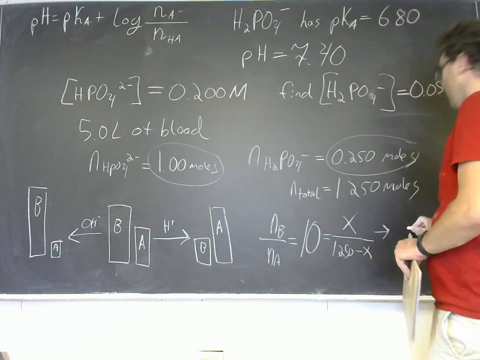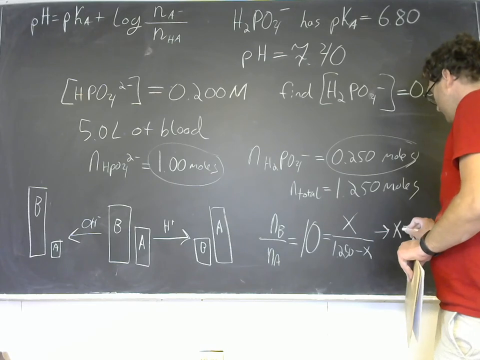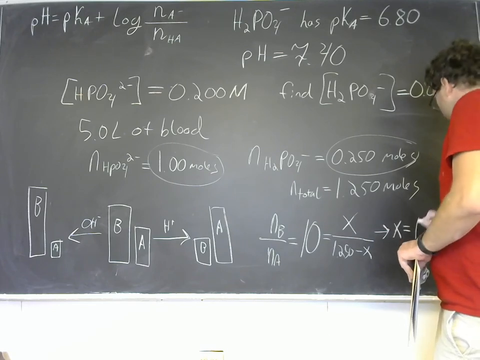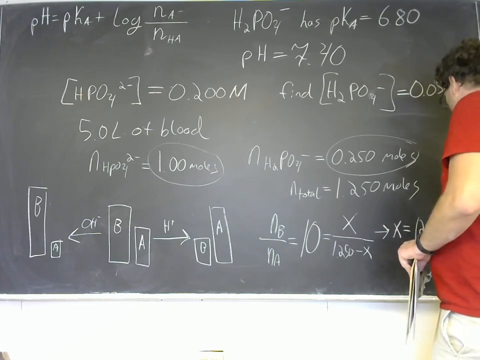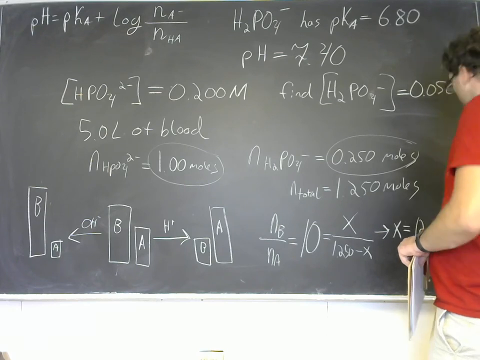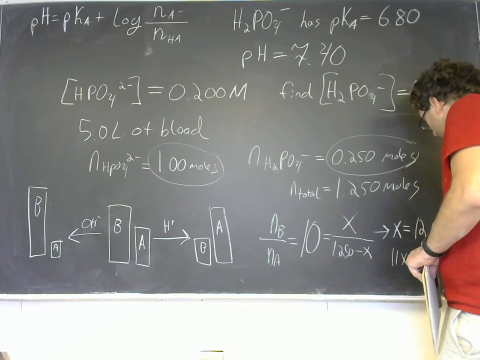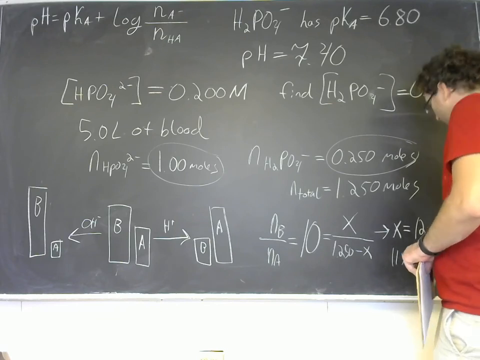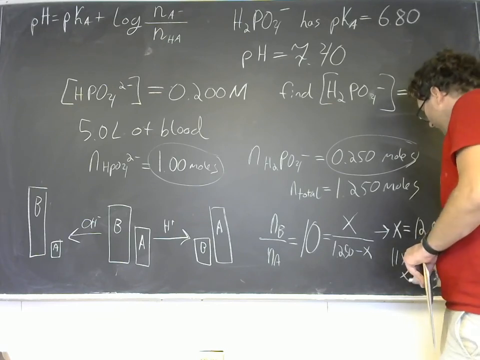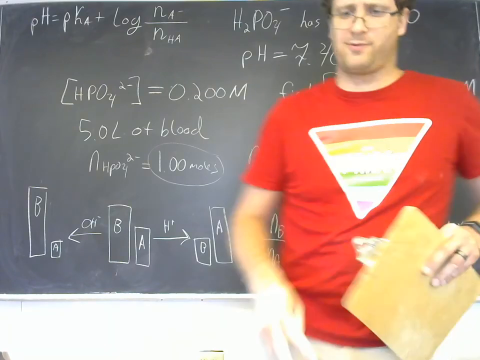and so that means that, I'm running out of space here, but X is going to equal 12.5 minus 10x, and so 11x is equal to 12.5. And what is x? 12.5 divided by 11.